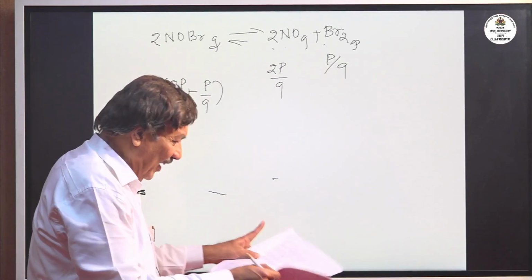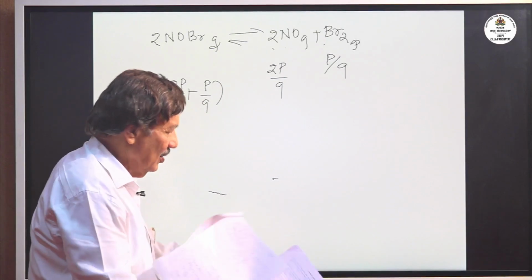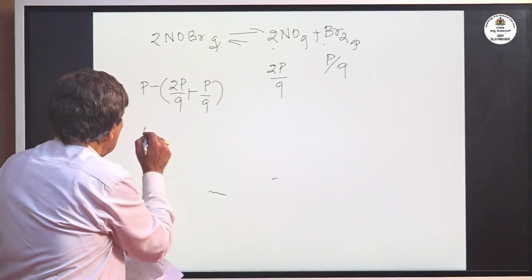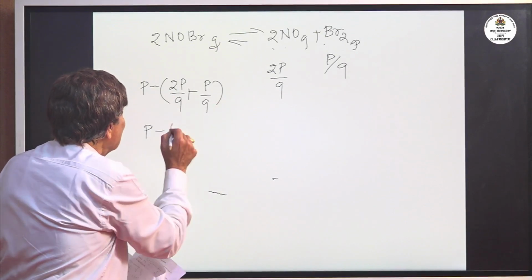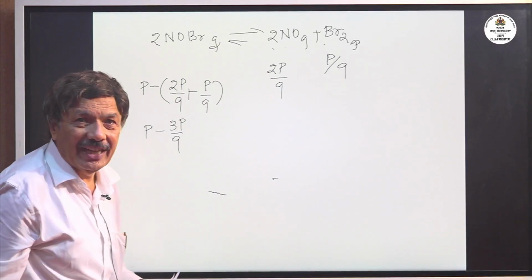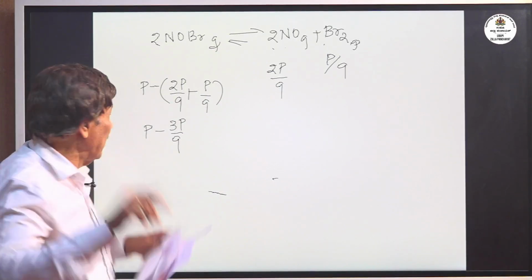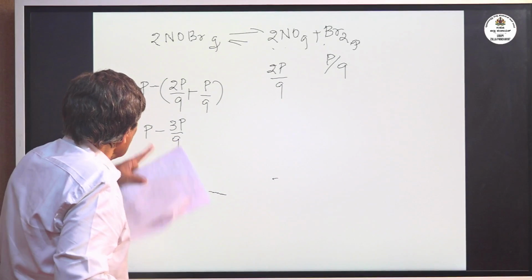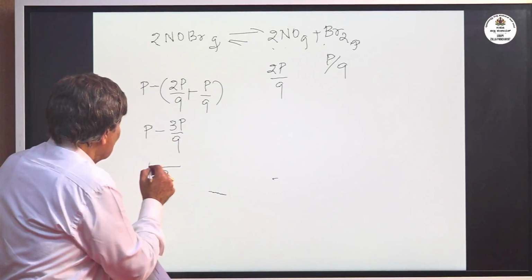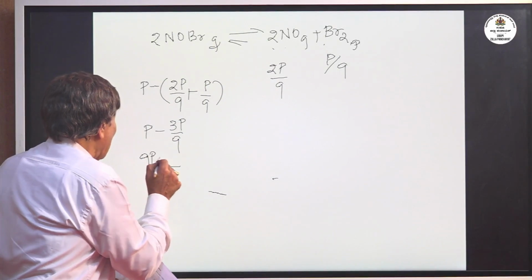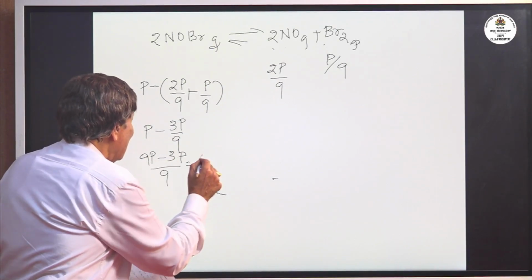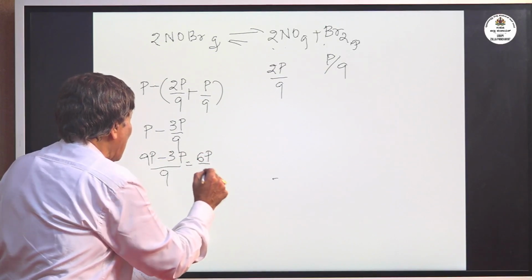If you simplify this, 2P by 9 plus P by 9 is 3P by 9. So P minus 3P by 9. This is the remaining pressure of NOBr. The LCM is 9, so it is 9P minus 3P, that is 6P by 9.